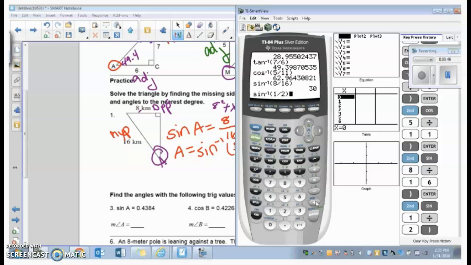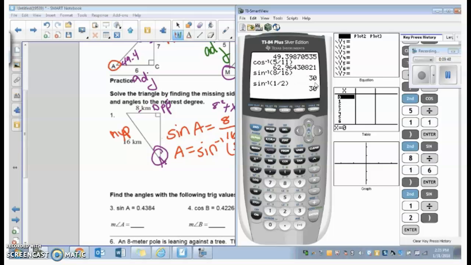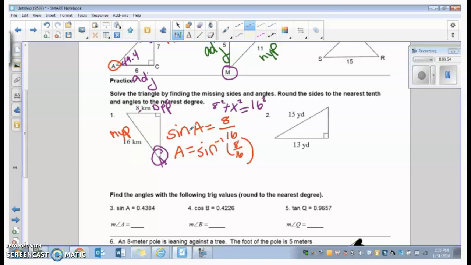This is actually good to know. Whenever your hypotenuse is exactly twice as long as one of your legs, then you have a 30-degree angle.